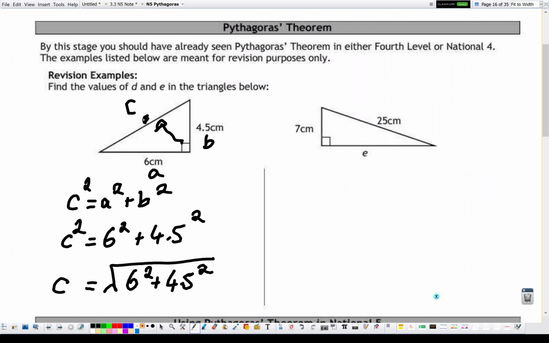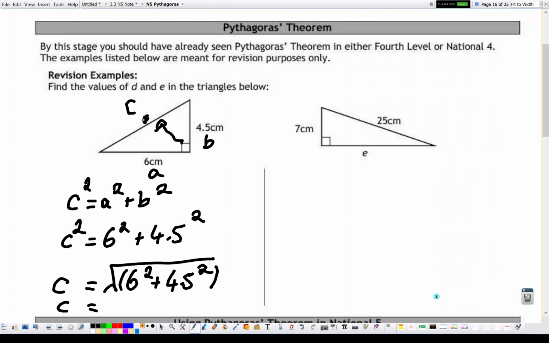Now you're going to go to your calculator, and if you have a Casio calculator, you don't have to worry about putting a bracket in, but if you're using one of the black and white calculators, you are going to need to put what's underneath the square root in a bracket. If you've got a Casio calculator, you don't need to worry about that, it does it automatically.